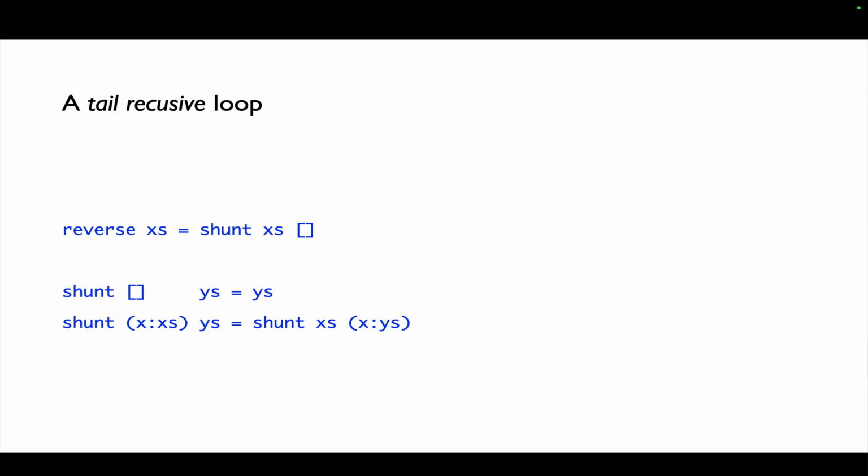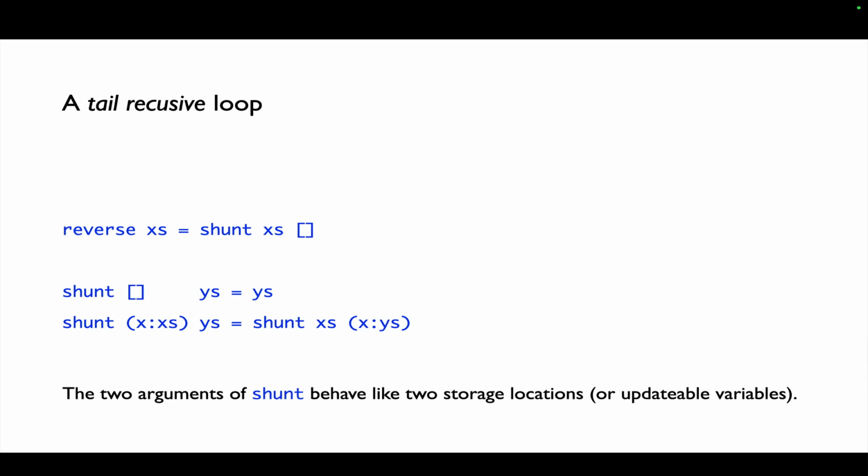Now it's quite uncanny what's going on here. We've got the shunt function here. It's possible to look at the two arguments of shunt as being two storage locations.